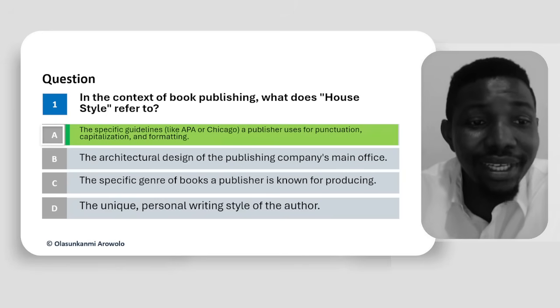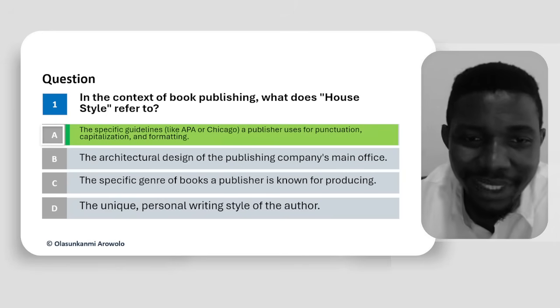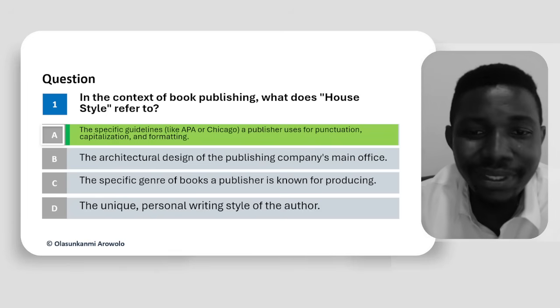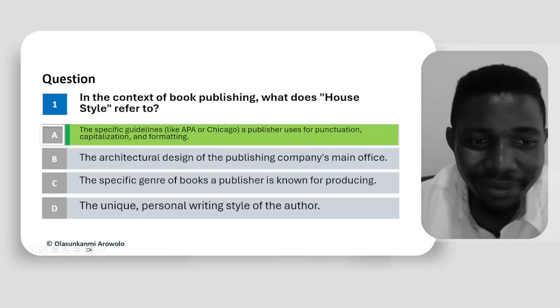Well, the correct answer is A. Specific guideline a publisher uses for punctuations, capitalizations, and formatting.